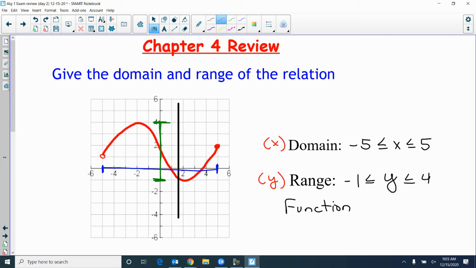But since it does hit the 4, and it starts there, you gotta put the equal to part. As long as it goes all the way up and hits it, you include it. So 9 times out of 10, it's gonna include it. Then it's left to right and then down to up. Yep, smallest to biggest, left to right, down to up.